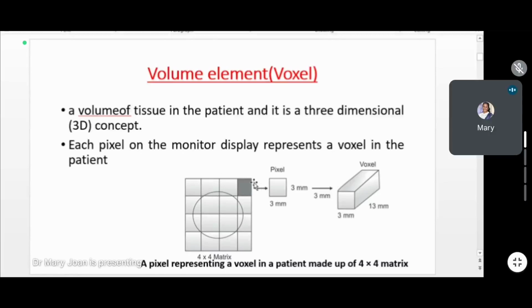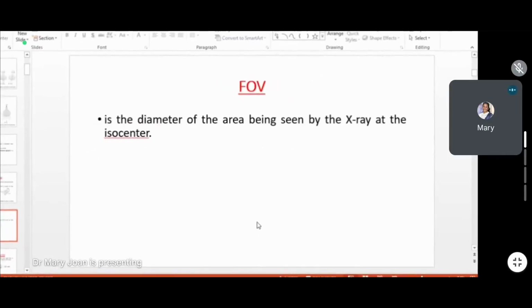If multiple matrices are stacked together, superimposed on each other, that will give us the thickness information also, which forms the voxel. Another terminology is the field of view, which is the diameter of the area being seen by the X-ray at the isocenter. So what is the isocenter?